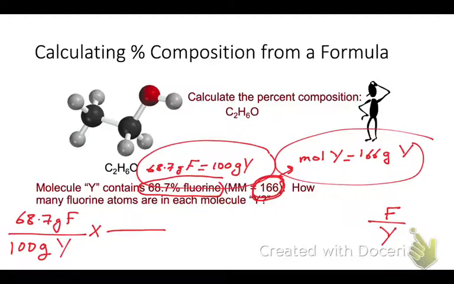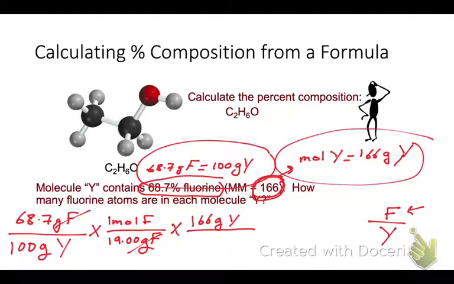So for fluorine, 1 mole of fluorine has an atomic mass of 19.00 grams of fluorine. Now, grams of fluorine are canceling out. I can keep mole of fluorine because I want it right here, but I need to get rid of grams of Y. This is where the molar mass will help me. For every 166 grams of Y, it will be equivalent to 1 mole of Y. Now look at what we have.